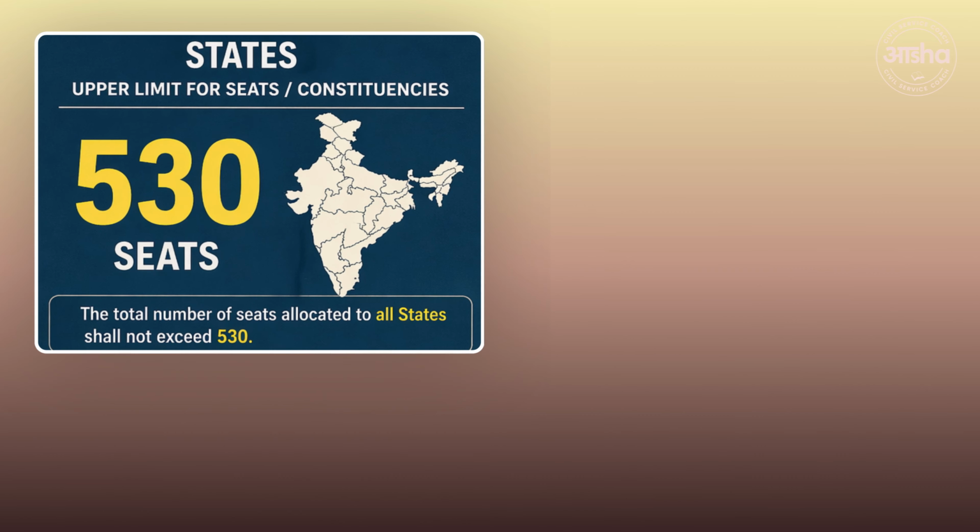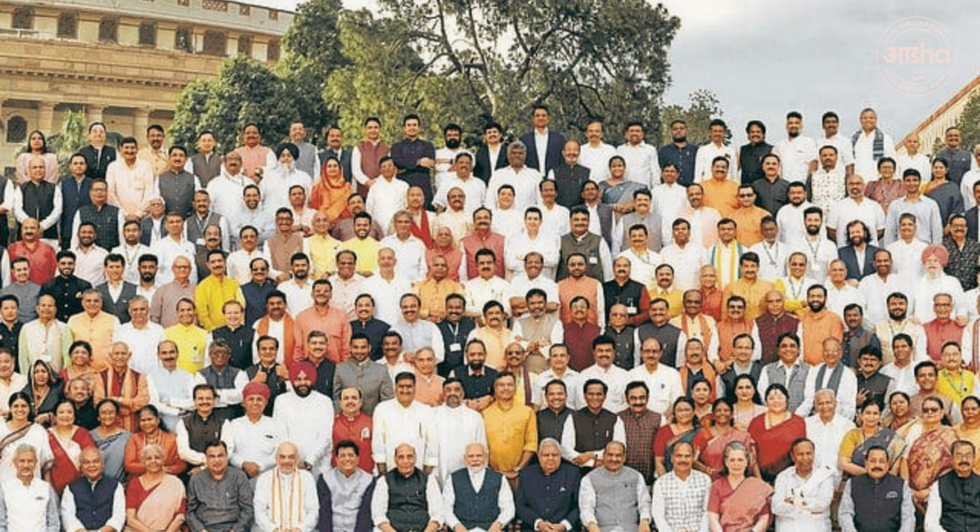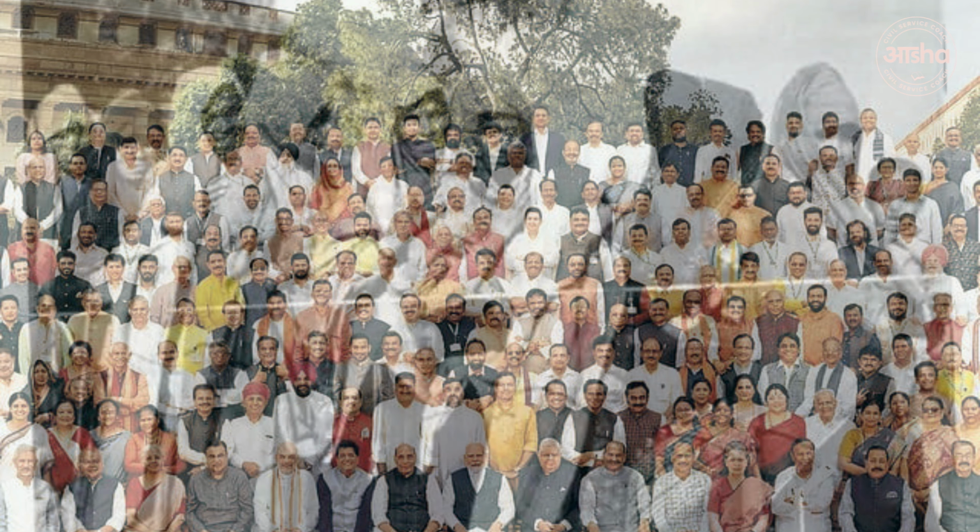So 530 seats were fixed as the upper limit for the states and 20 seats were fixed as the upper limit for the union territories. There have been 17 Lok Sabhas since the first one in 1952. The 18th Lok Sabha was constituted in June 2024.